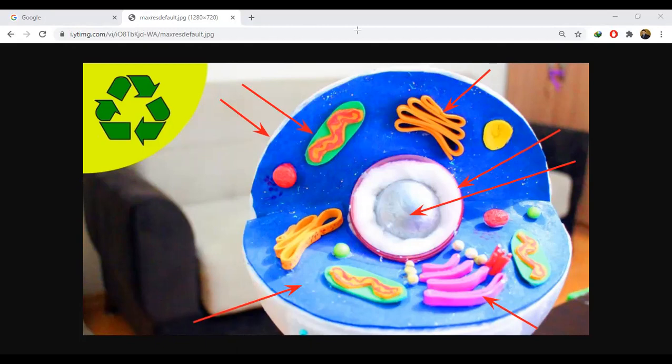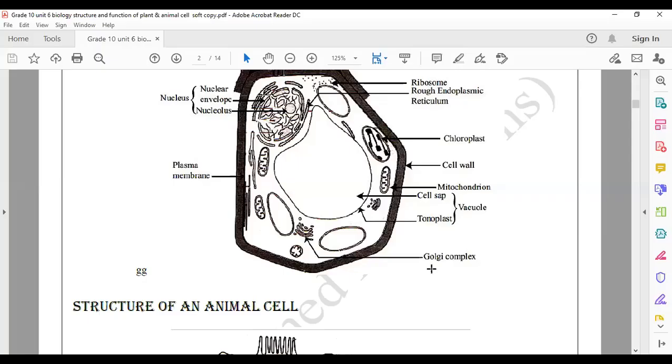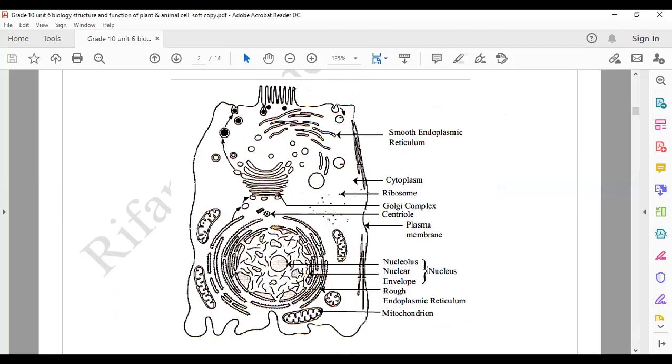Once you go to this animal cell, everything in a plant cell, will you be able to notice in the animal cell? No. Here they have mentioned the smooth endoplasmic reticulum, cytoplasm, ribosome, Golgi complex, centriole.